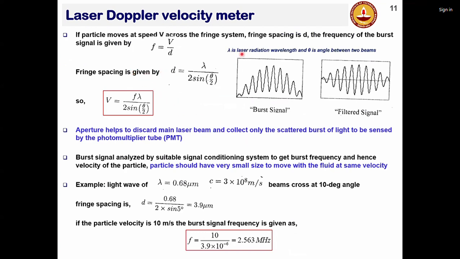So here, if lambda is the wavelength of the light, and if theta is the angle between the two beams, then this fringe spacing D, again from optical theory, is the wavelength divided by 2 sine theta by 2.